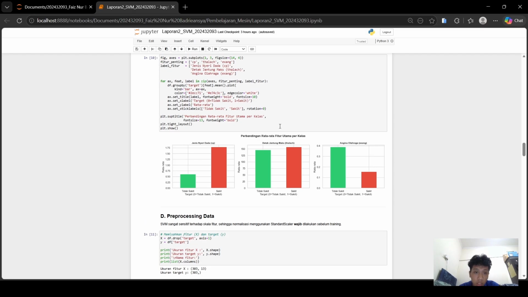In chest pain type, we have a higher value, and the heart rate is higher, and the exang is lower.